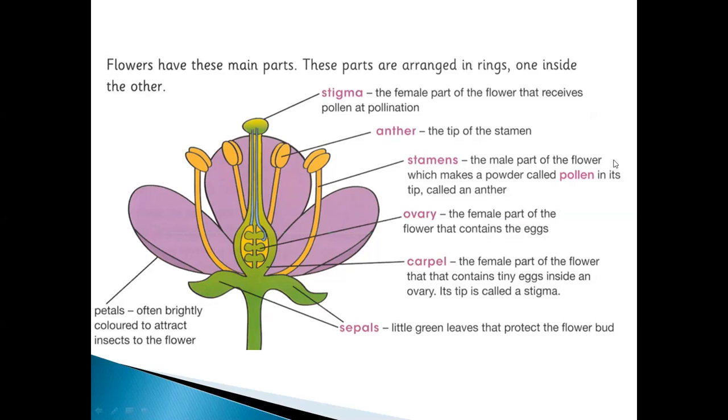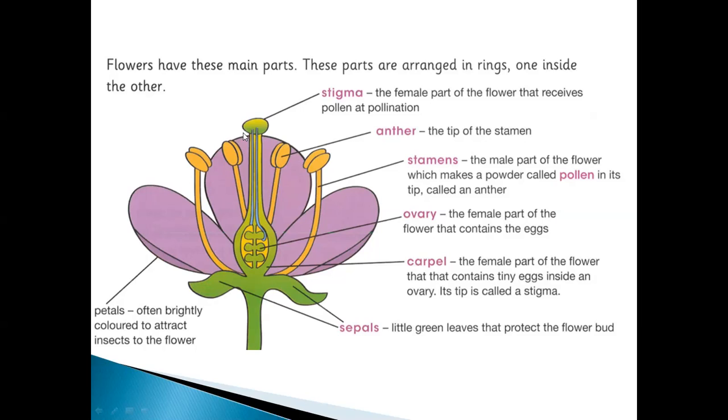Pollen is made in its tip, called the anther. Where is the anther? You can see here, the upper portion of the stamen, where it creates the powder called pollen.